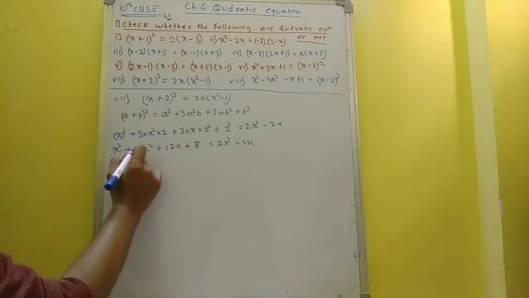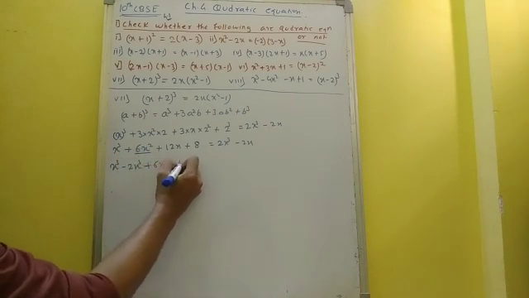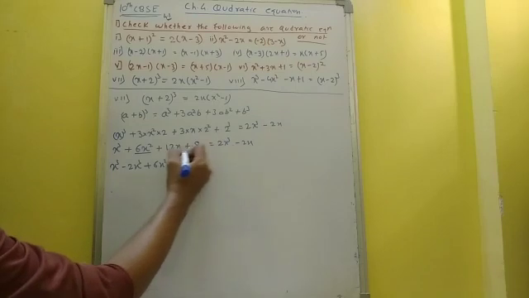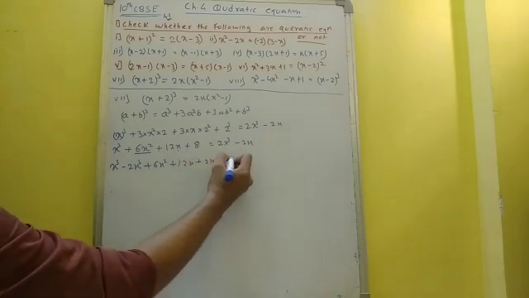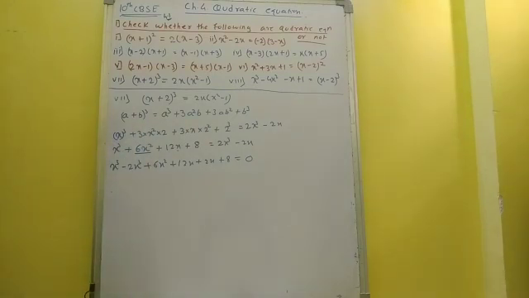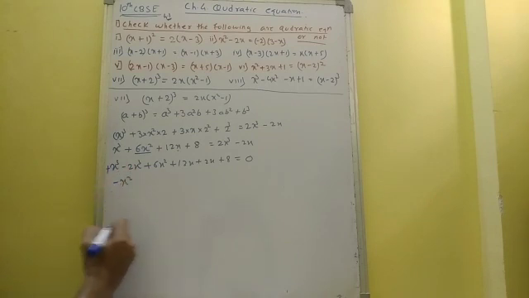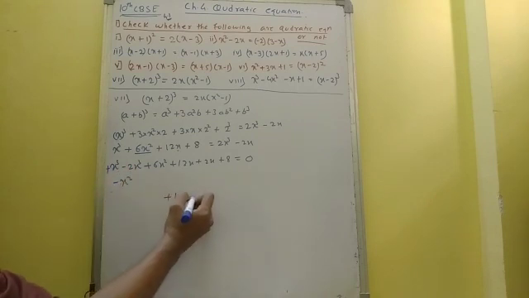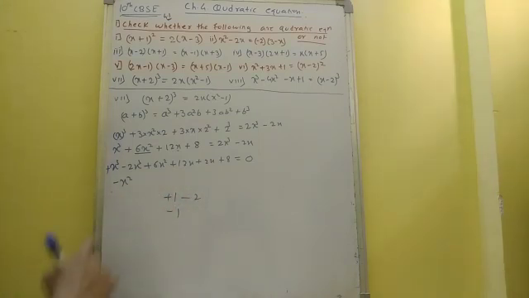Okay, rest all the terms as it is, plus 6x square plus 12x minus 2x, because both the terms are x terms. So plus 2x plus 8 is equal to 0. So minus 2 plus 1. Okay, so it is minus x cube, that is minus 1, plus 1 minus 2 will give me what? Minus 1.